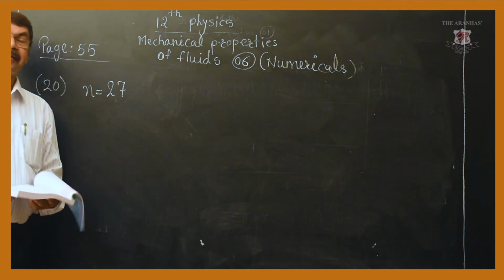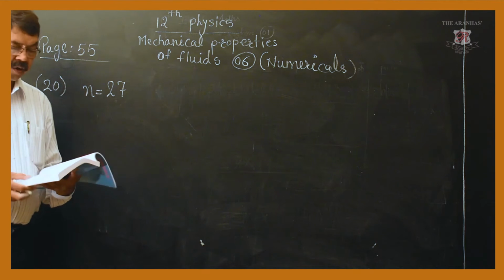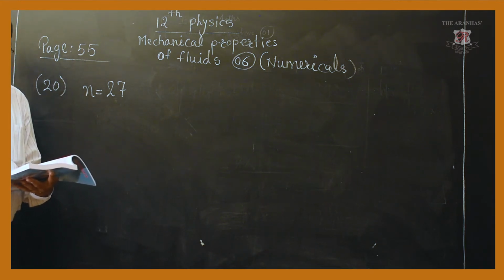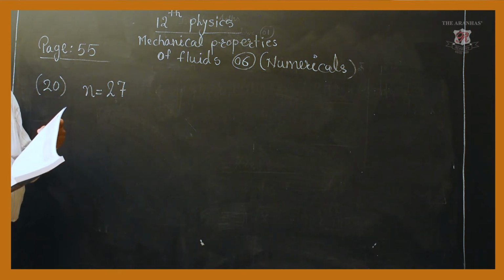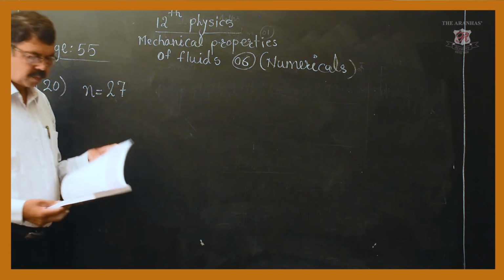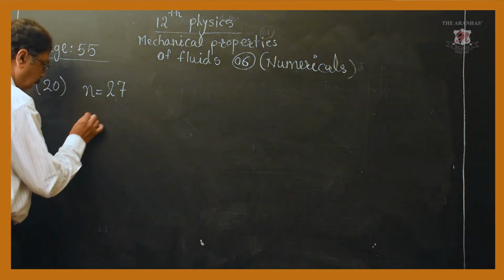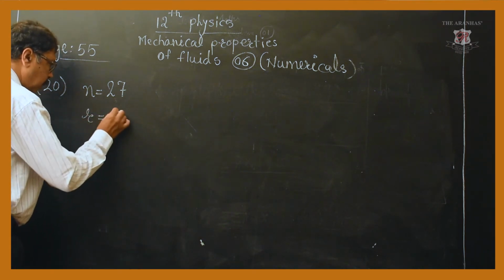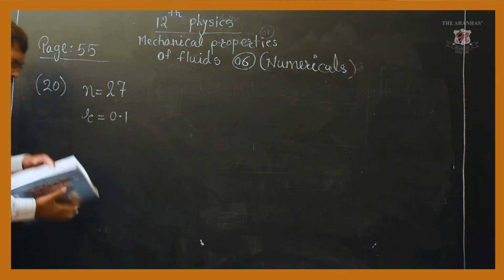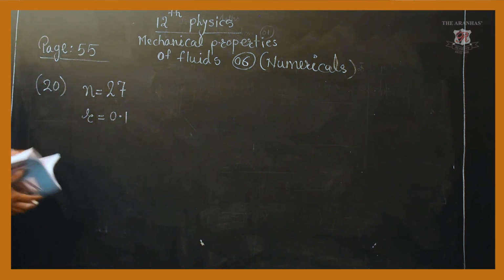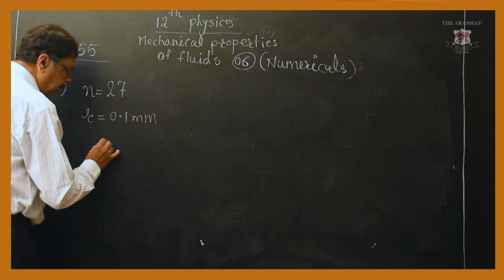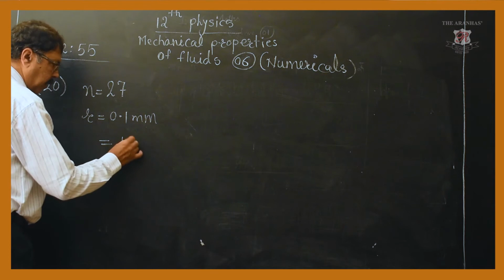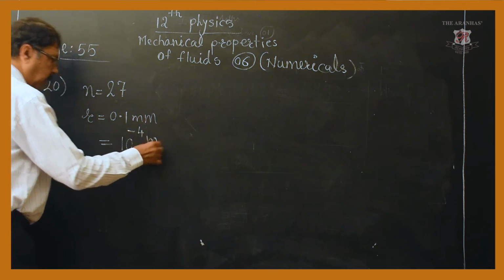So there are 27 small droplets of water, each of radius 0.1 mm. Now I will write directly 10 raised to minus 4 meter.